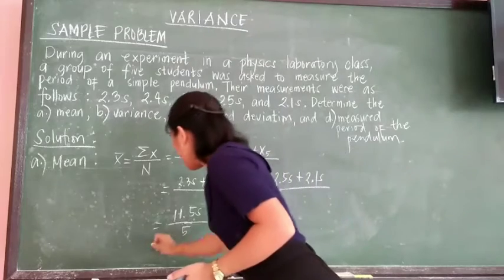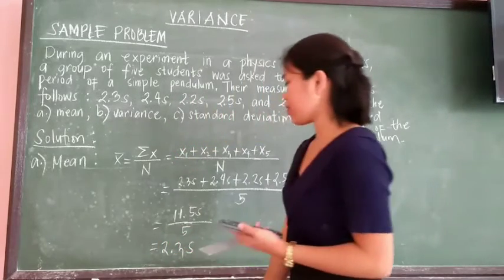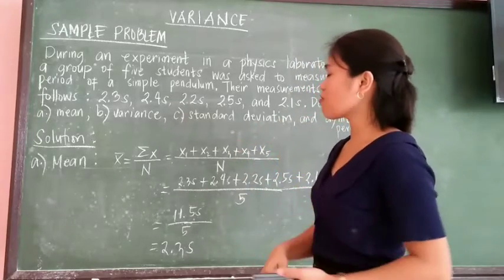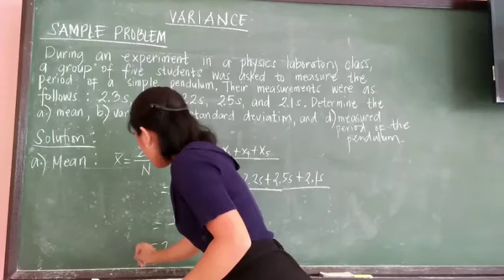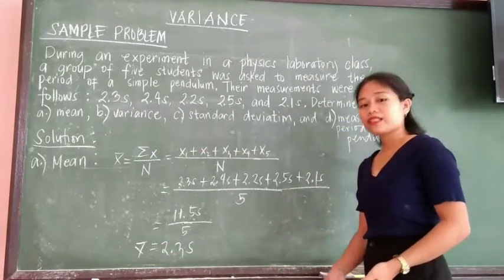We have 2.3 seconds. Therefore, the mean in this set of measurements is equal to 2.3 seconds.